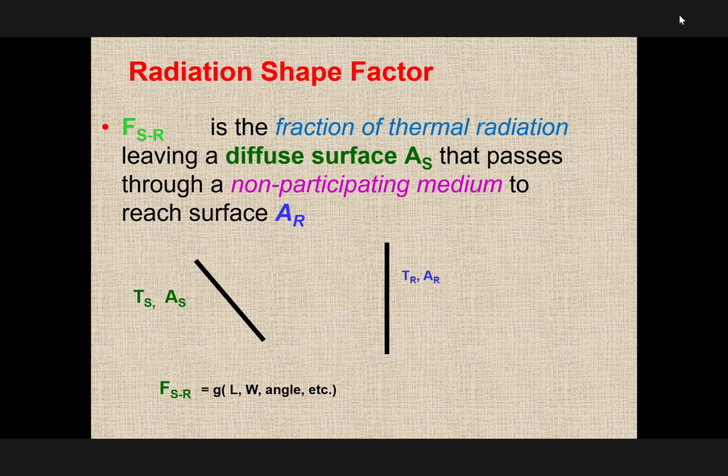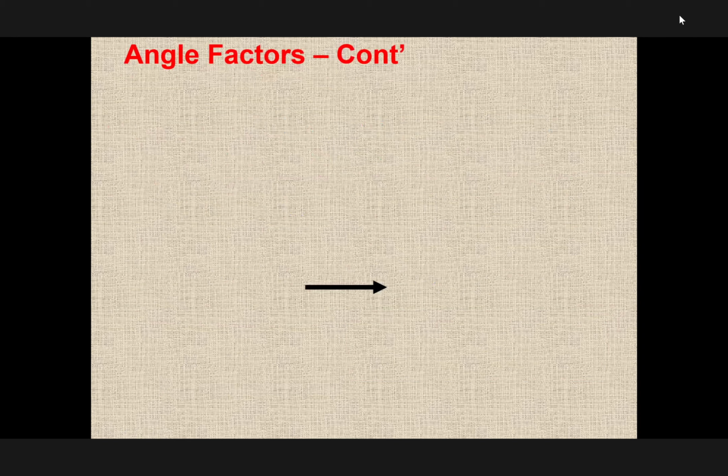Now, here it is mentioned sender and receiver. This surface is at temperature TS, area AS, and the receiver TR and AR. Therefore, this only depends on the geometry between these two surfaces. Let's go and try to do that. Let's look at here, the first law, and it is called the reciprocity law.